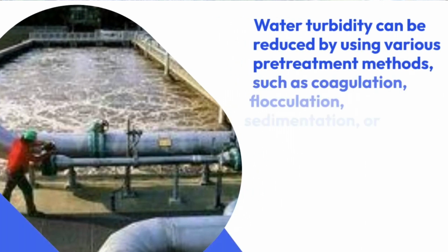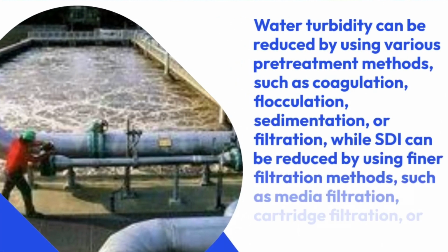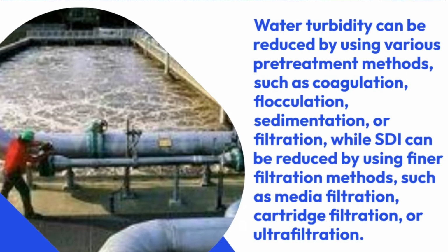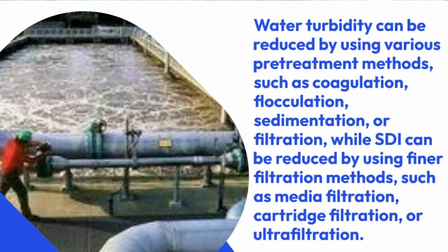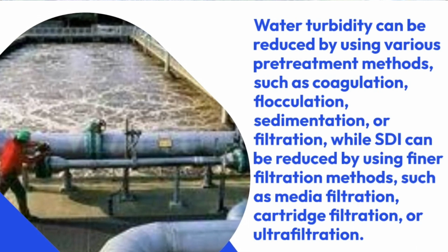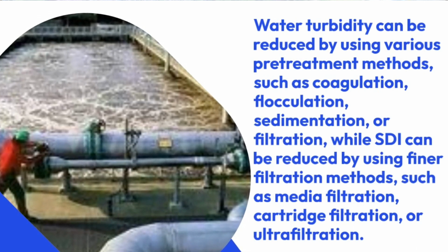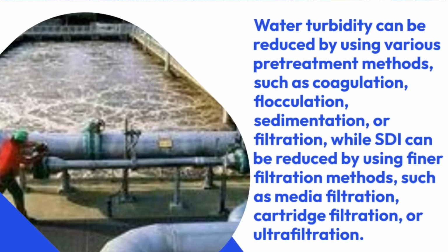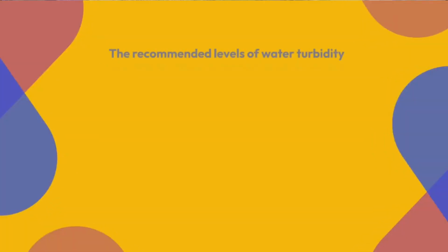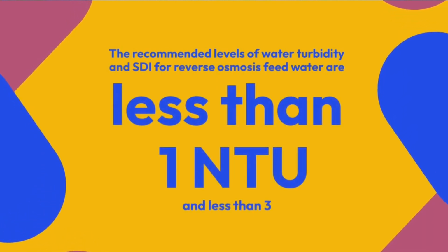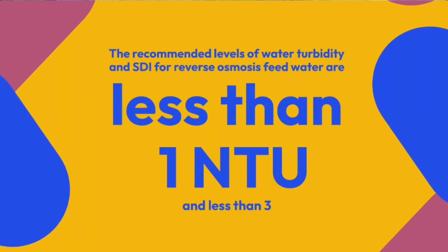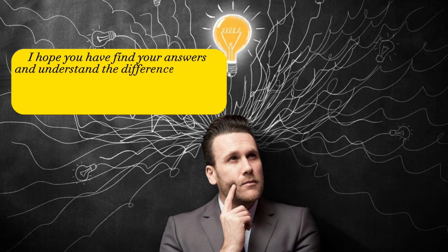Water turbidity can be reduced by using various pretreatment methods, such as coagulation, flocculation, sedimentation, or filtration, while SDI can be reduced by using finer filtration methods, such as media filtration, cartridge filtration, or ultrafiltration. The recommended levels of water turbidity and SDI for reverse osmosis feed water are less than 1 NTU and less than 3, respectively.